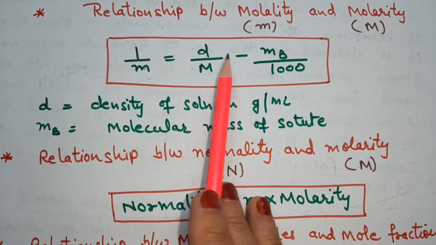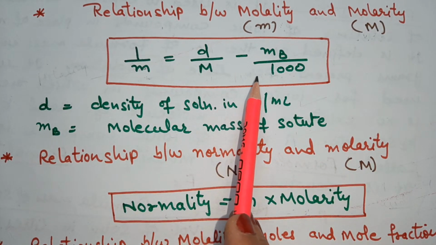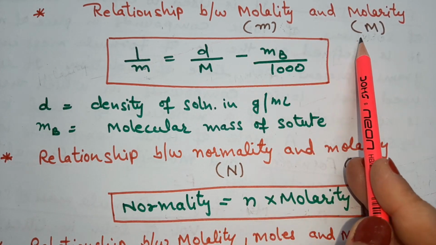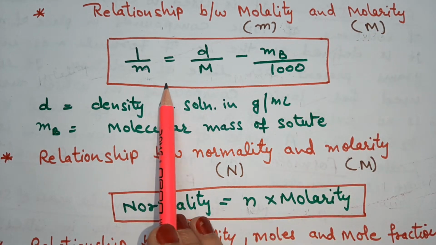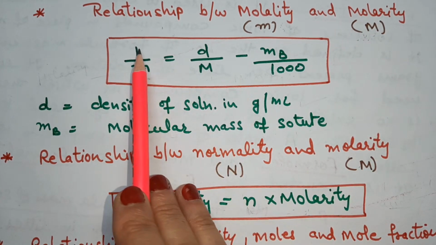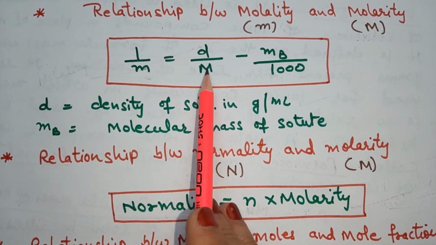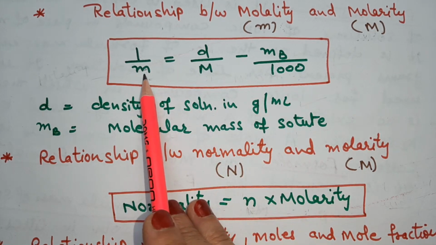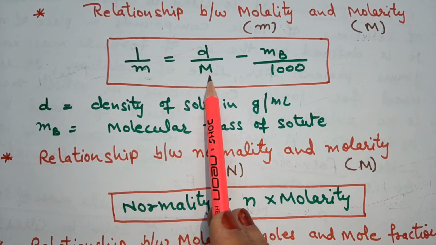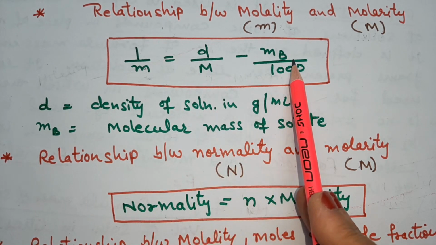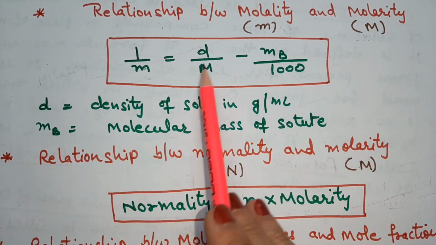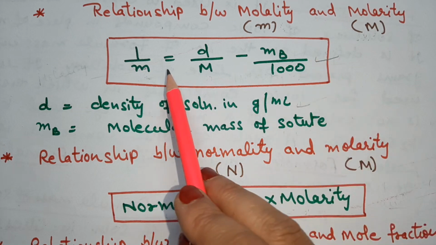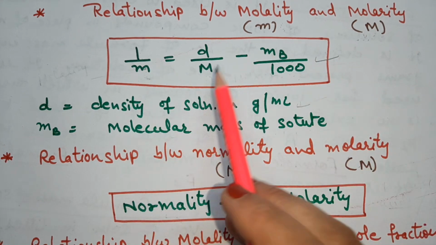Sometimes if molarity is given and you are supposed to calculate molality, or vice versa, this formula can be used directly. It is 1/m = d/M − Mb/1000, where m is the molality, M is the molarity, Mb is the molecular mass of the solute, and d is the density of the solution. Applying this direct formula, we can relate molality and molarity.